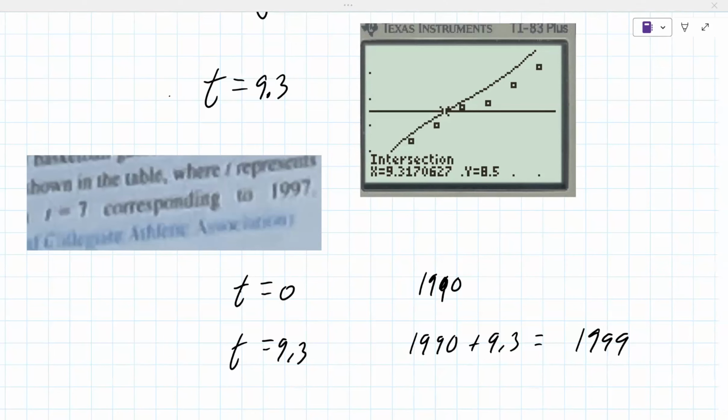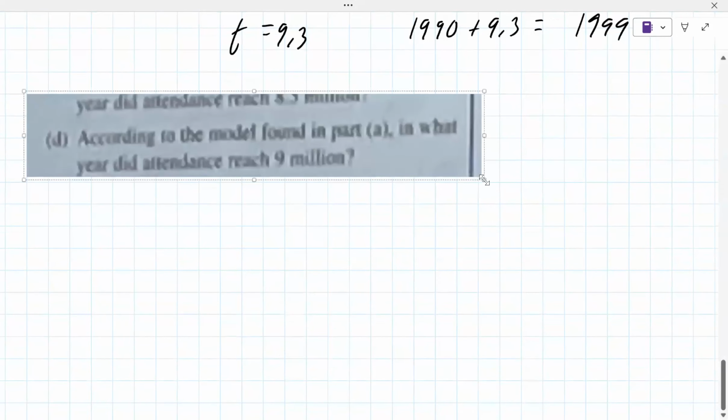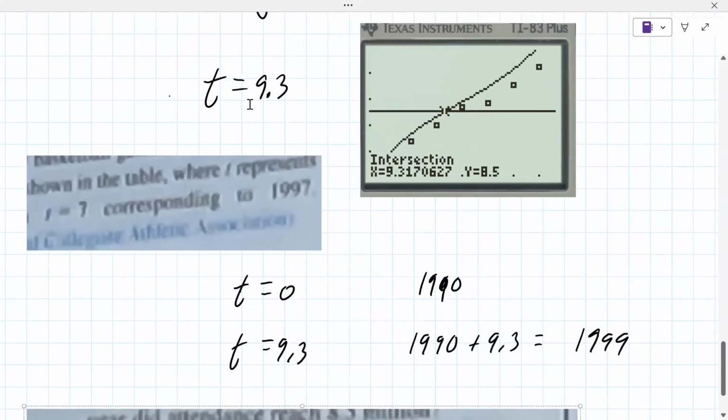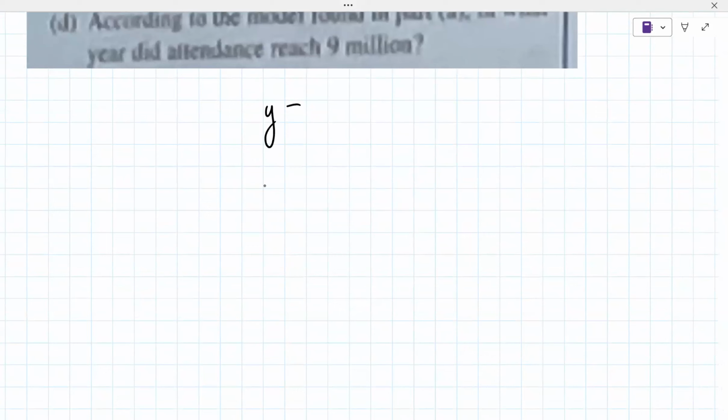All right, we could use the same, well, actually, that won't be all that helpful. We're going to go to part D. Part D asks when attendance will reach 9 million. So we're going to go back to the graph, and instead of graphing y equals 8.5, we're going to graph y equals 9.